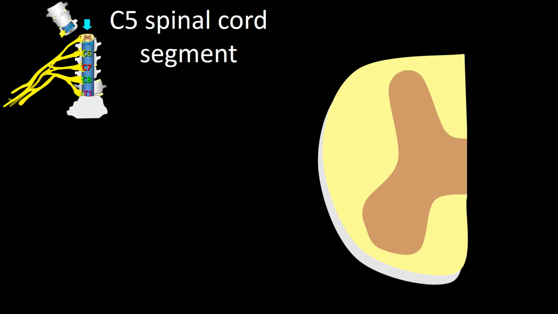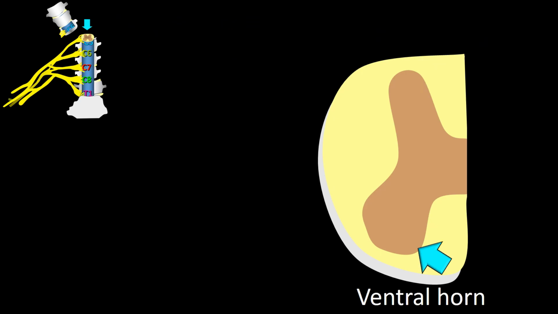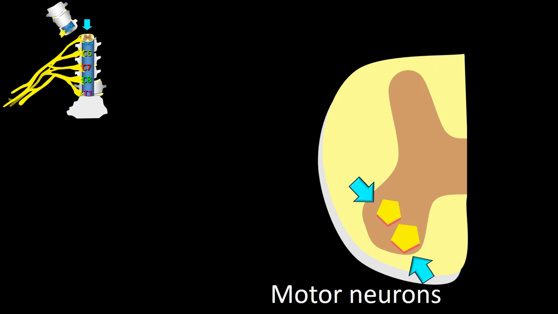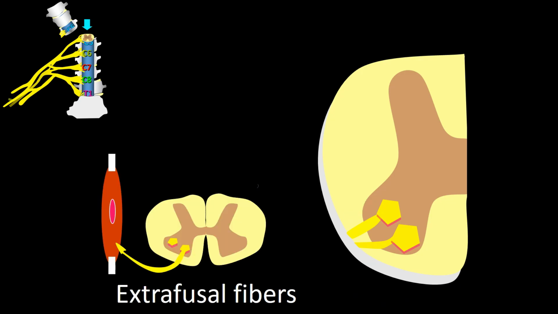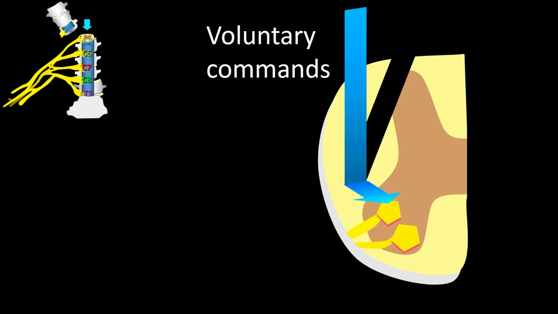In it, we would be able to identify the dorsal horn, the ventral horn. Inside the ventral horn, we would find motor neurons with their fibers exiting ventrally to innervate the extrafusal muscle fibers and the intrafusal muscle fibers.